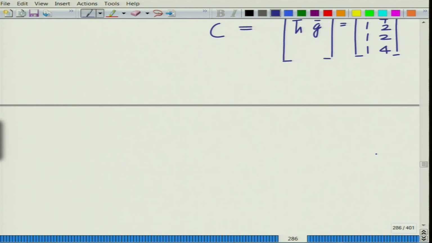And remember, using the expression W bar equals C Hermitian C inverse times 1 0.